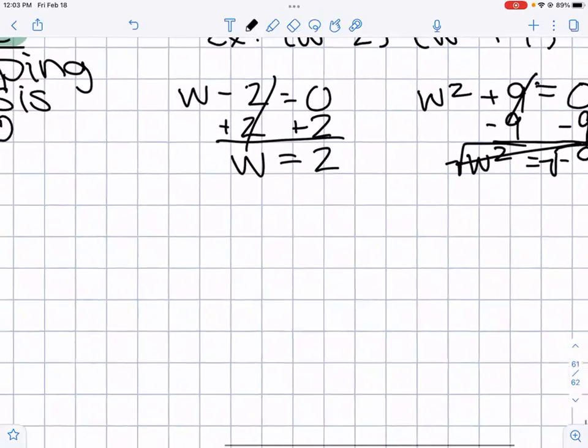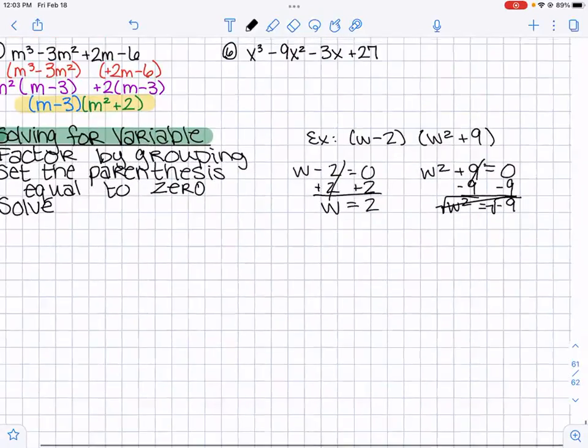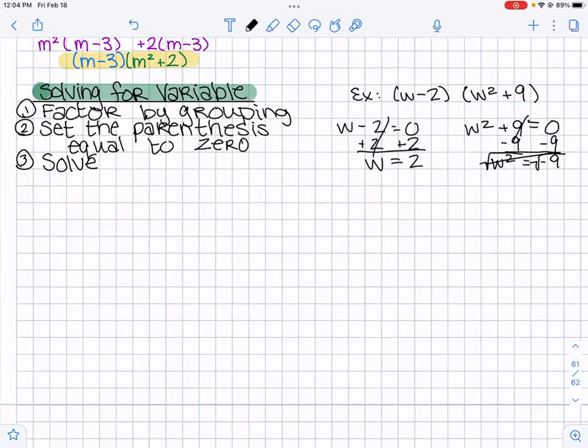Okay, let's try this. Factor and solve. Because yesterday all we did was factor. Number 1, a to the third plus 13a squared minus 5a minus 65.